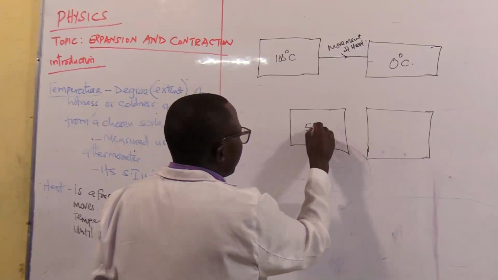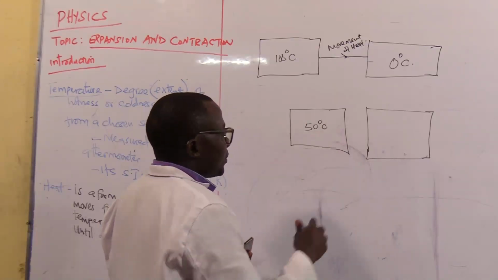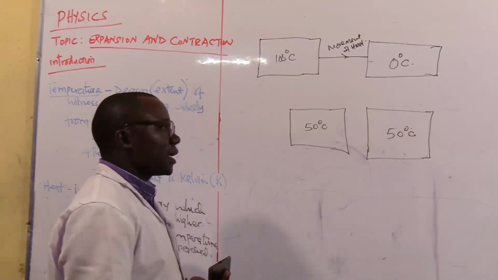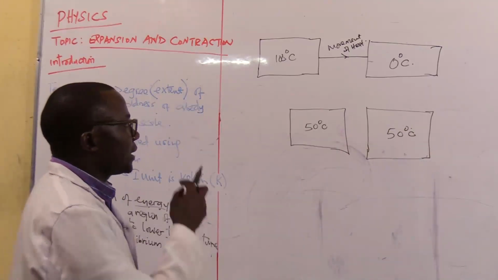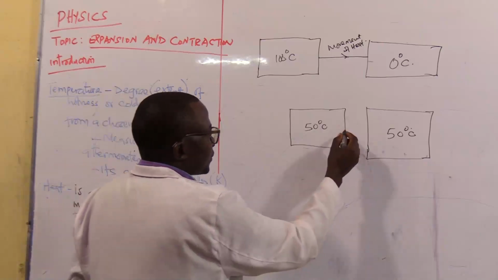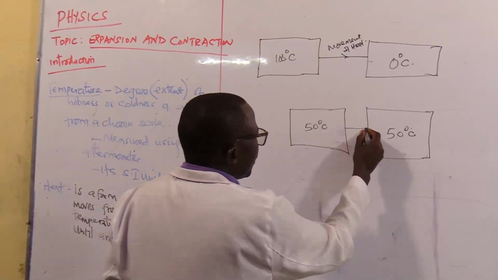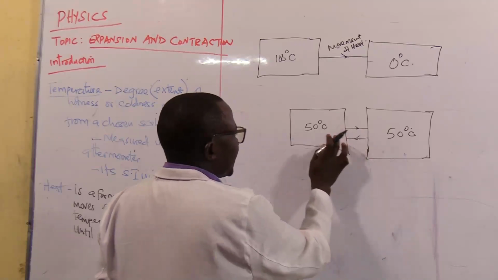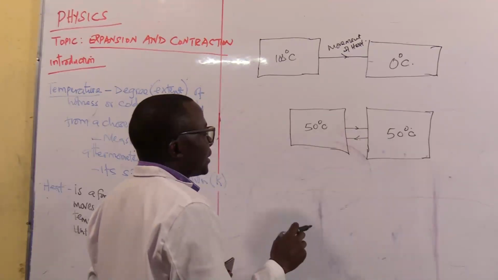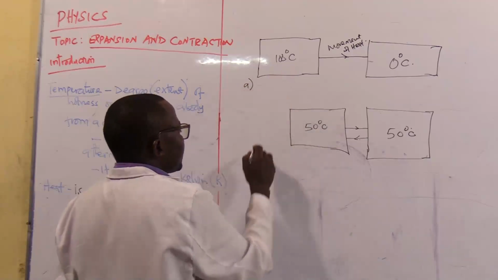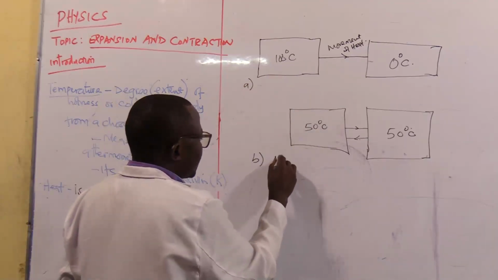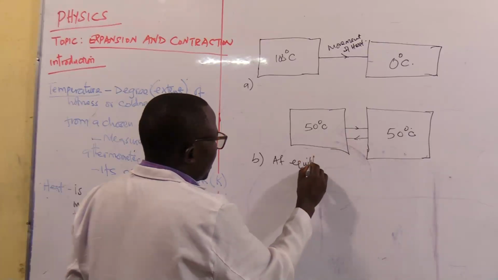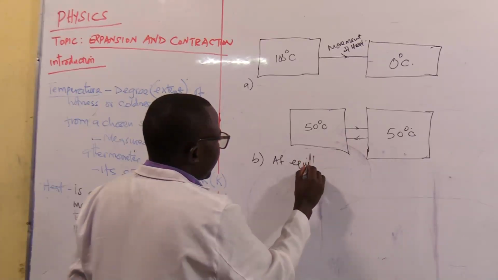We can talk of the temperature at equilibrium, let's say it is 50, assuming there is no heat loss to the environment. For this case, there will be no movement. Essentially, the temperature this side is the same as the temperature at that point. The two bodies are at equilibrium.